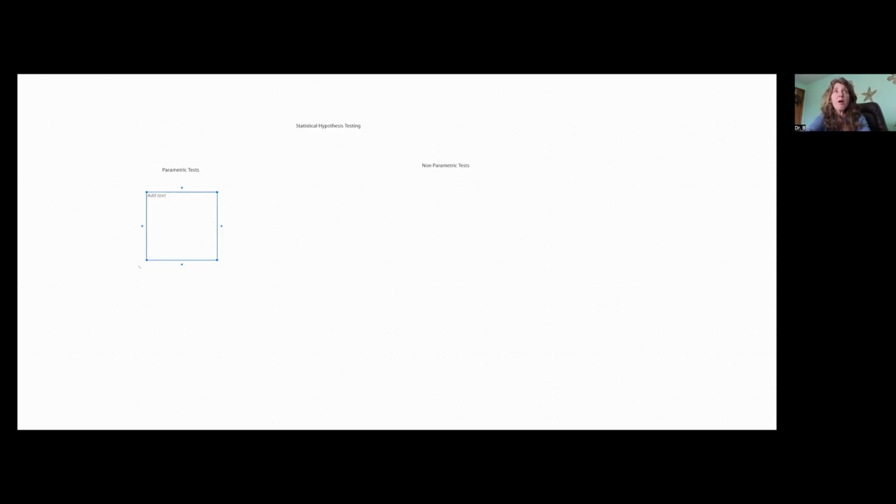Parametric statistics are more powerful than non-parametrics. But the challenge is that there are these assumptions that have to be met for it to work.